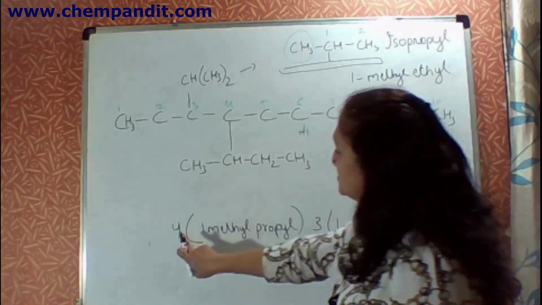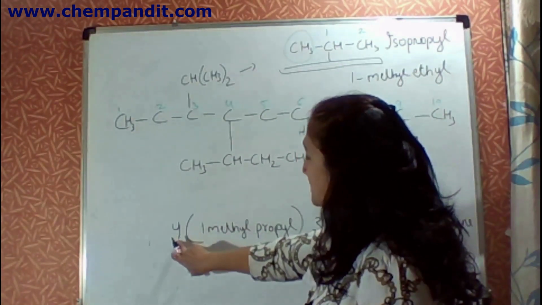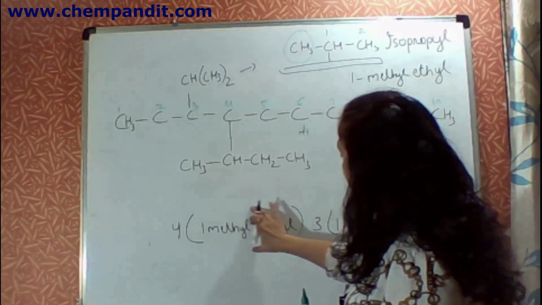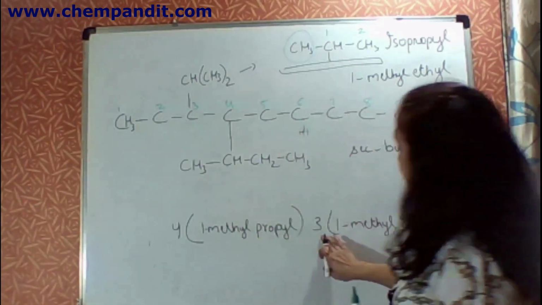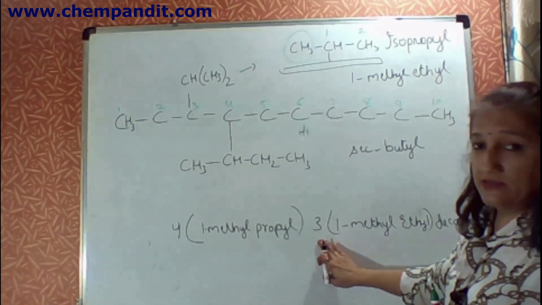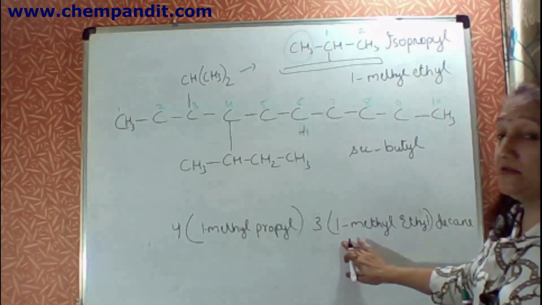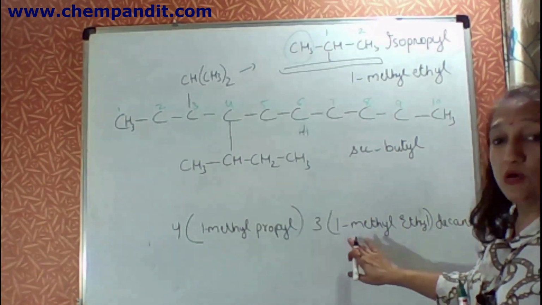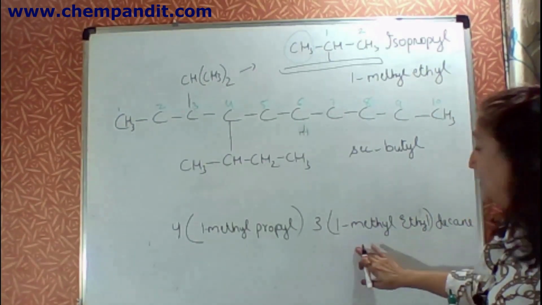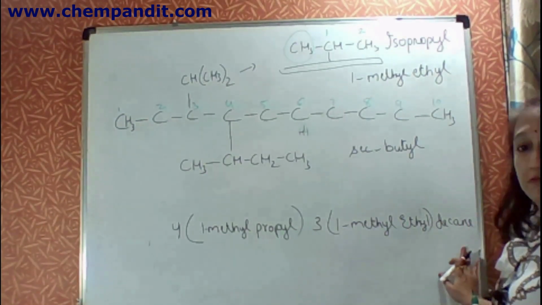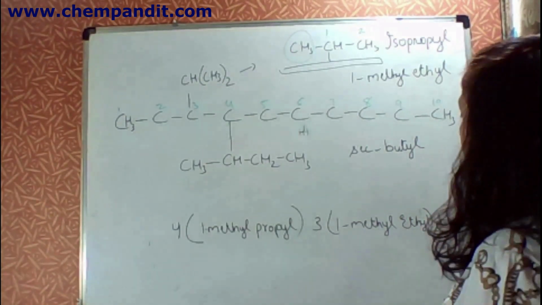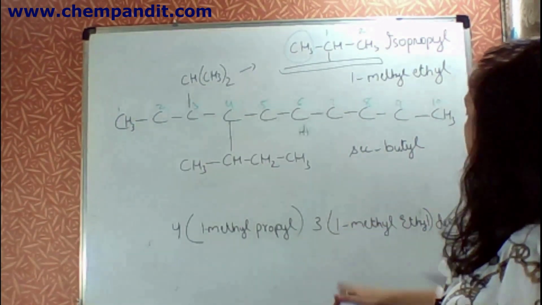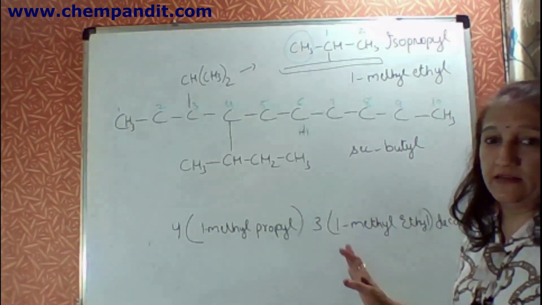So you will mention the position of the branch substituent, and then in bracket you will write the IUPAC name 1-methyl propyl. Then again you will write the position of the substituent. Again in bracket you will write the IUPAC name of the branched substituent, 1-methyl ethyl and decane. So final name of the compound becomes 4,1-methyl propyl, 3,1-methyl ethyl decane.